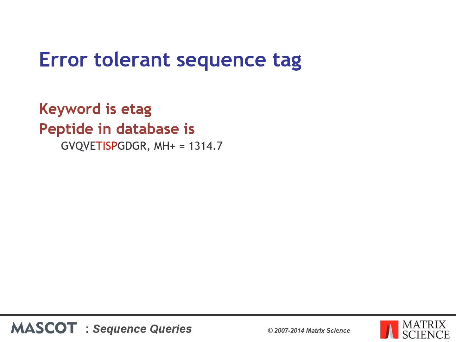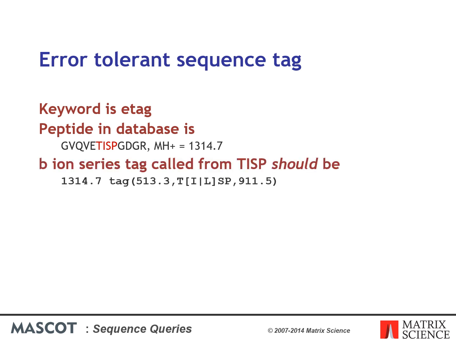Imagine we had an unmodified peptide of MH+ 1314.7 and we interpreted a tag of TISP in the b singly charged ion series between peaks at 614.3 and 911.5 m/z.